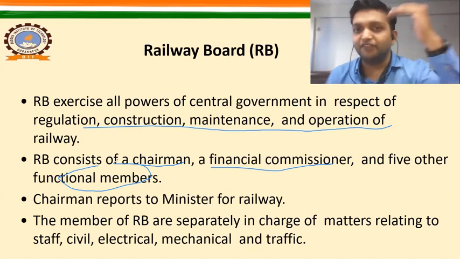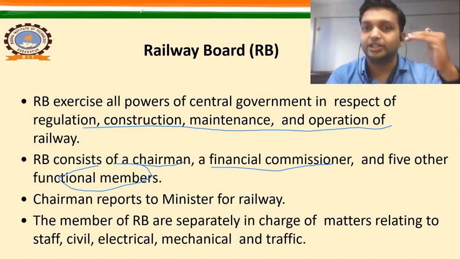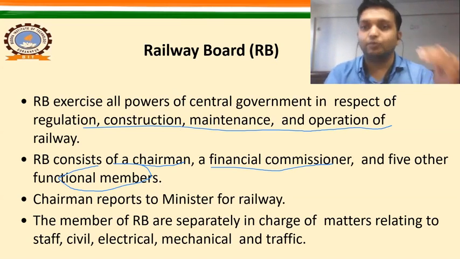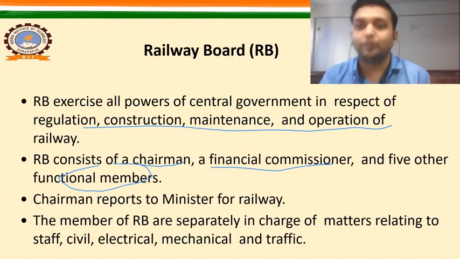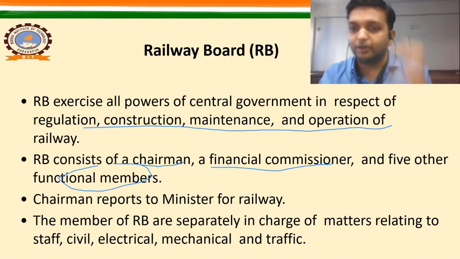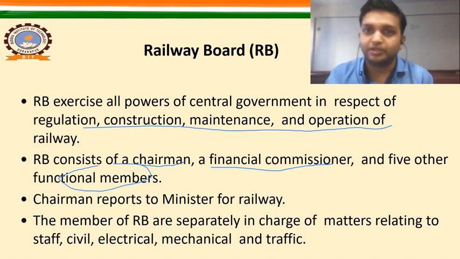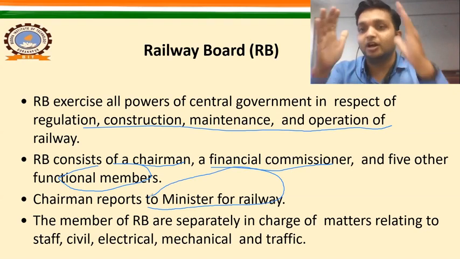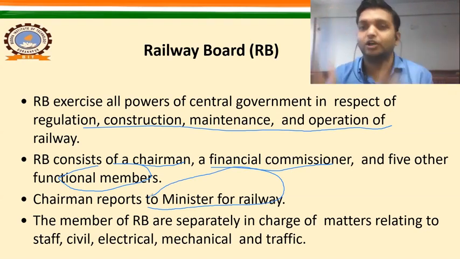If we divide this railway board section, the first thing is the function: regulation, construction, maintenance, and operation of railway. The railway board consists of a chairman, a financial commissioner, and 5 other functional members. The chairman reports to the minister of railways. It means one of the competent authorities for all this railway work is the railway minister.